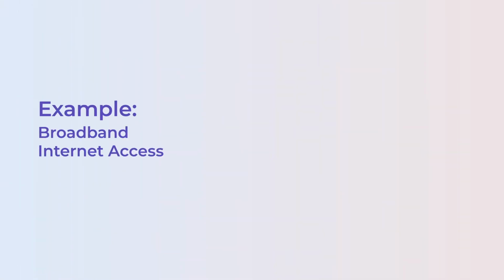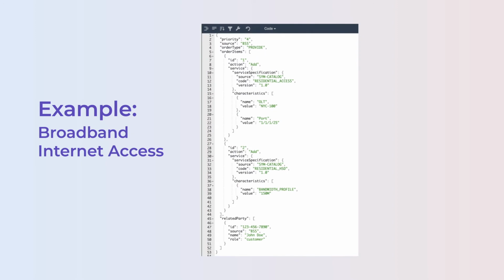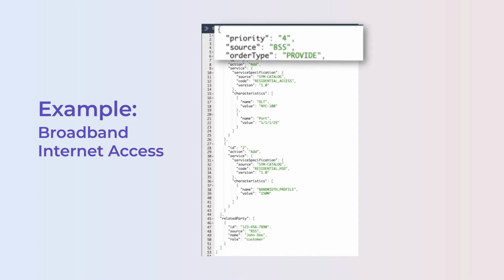In this example, you can see a service order to fulfill broadband internet access for a customer. Let's take a look at the information included in the service order. At the top of the order, you will see some global attributes like the order priority, the source, indicating the system where the order was created, and the order type, indicating the purpose of the order.